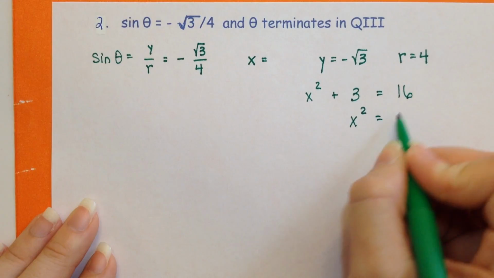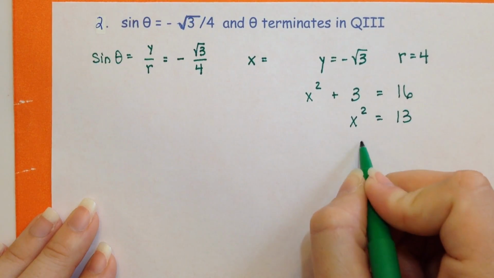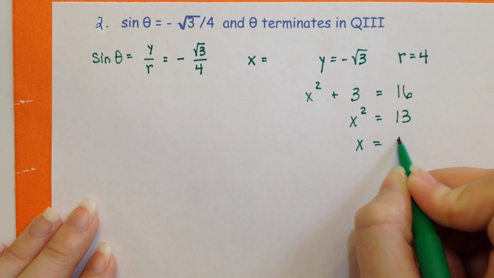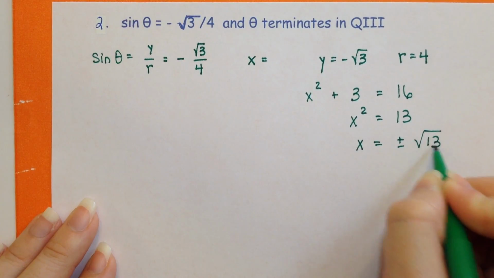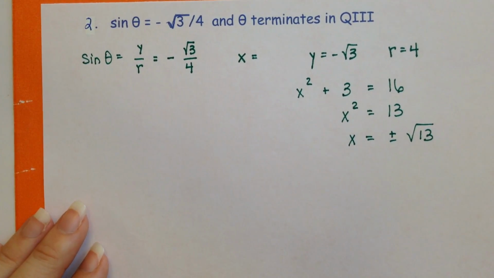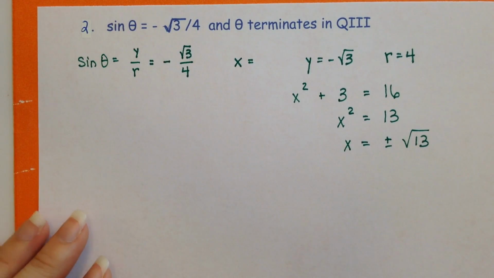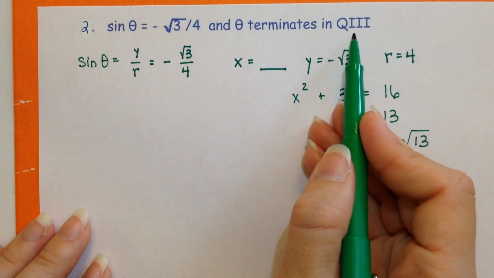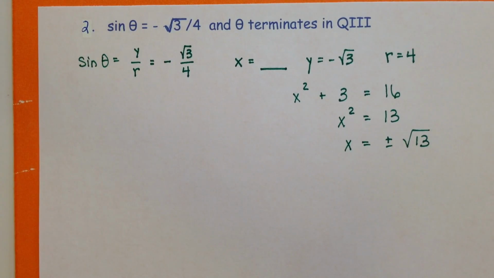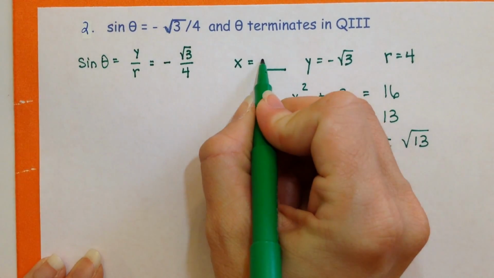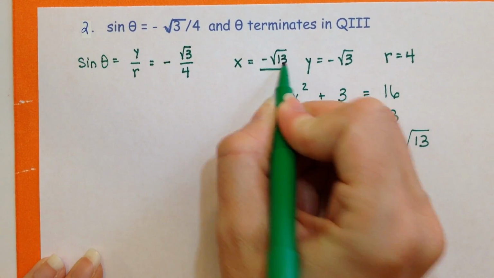So x squared is equal to 13. So x is equal to plus or minus square root 13. So again, we've got to decide whether we need to go with positive or negative. You're in the third quadrant, so actually your x value and your y value are both negative, so we'll go with negative square root 13.